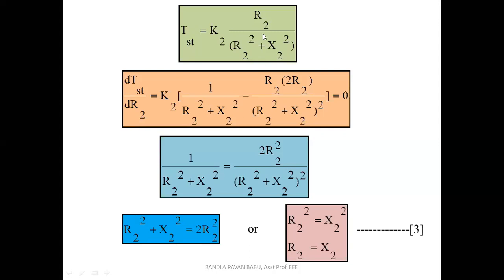Next V dash, where the denominator is V. What is the derivative of this? We get 2 into R2 by R2 square plus X2 whole square. Here we get an additional square because of x power n minus 1: R2 square plus X2 square to the power minus 1 and minus 1 gets denominated as a whole square.